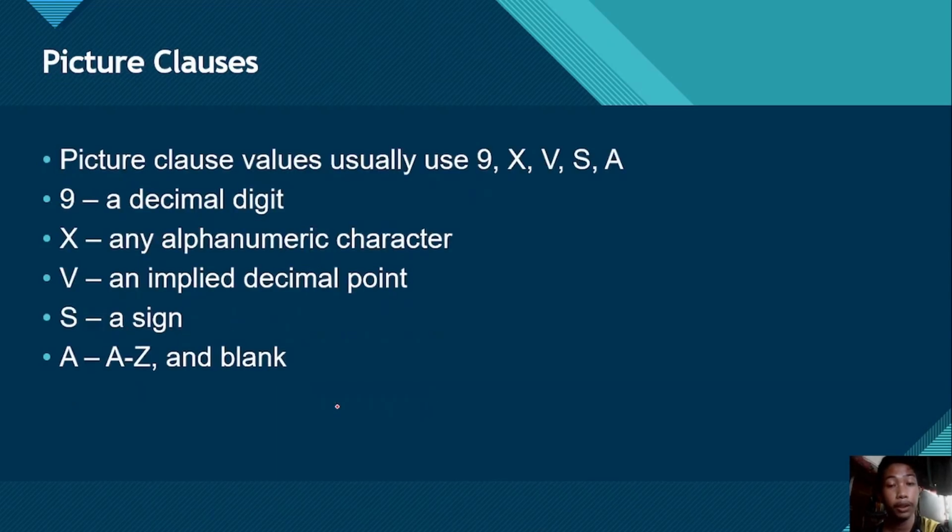So the picture clauses. As we have seen in the example earlier, picture clause values usually use 9, X, V, S, A. So why do we use those, or what is the meaning behind them? 9 is used for a decimal digit, meaning it can be 0 to 9.